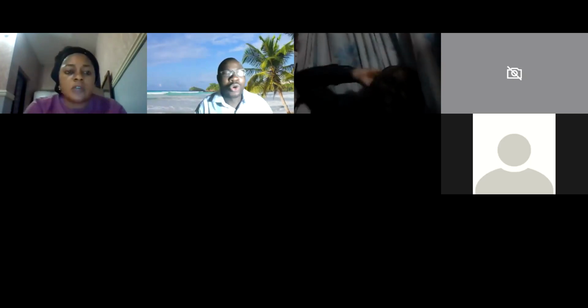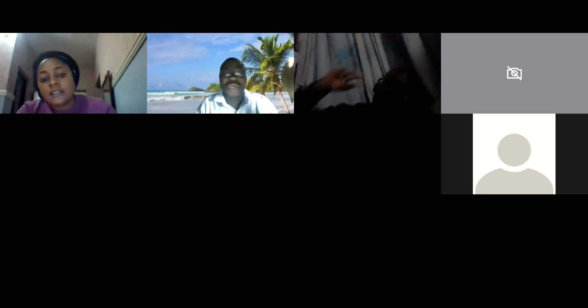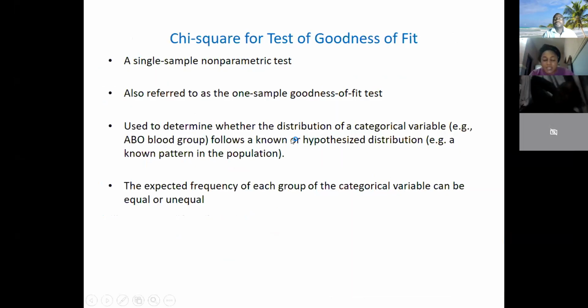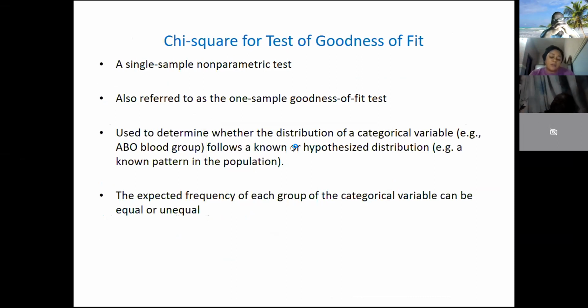Okay, so now, yes, sir. Assuming I want to conduct an impact evaluation in 7 states, for example, and the distribution of the LGAs in each of these 7 states differs.